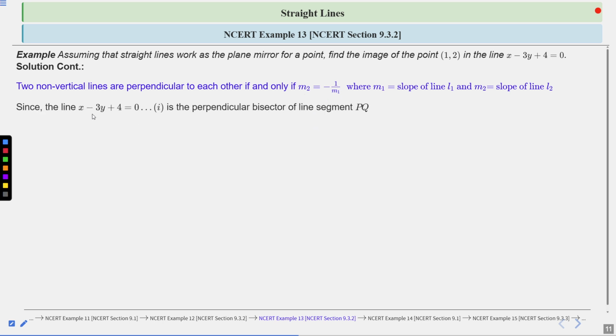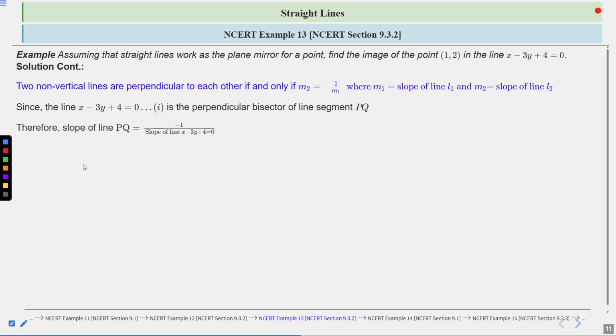Since we have given this equation of the line x minus 3y plus 4 equal to 0, naming this equation number 1, this equation is the perpendicular bisector of the line segment PQ. You have seen in the figure this equation number 1 is basically the perpendicular bisector of the line segment PQ.